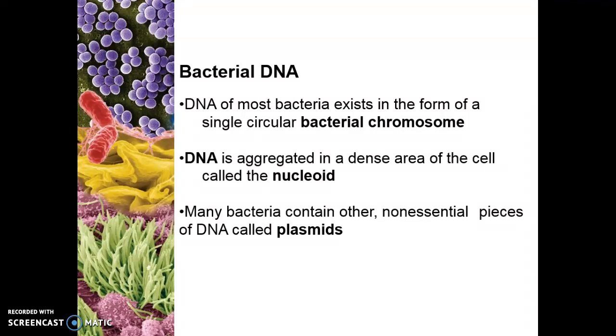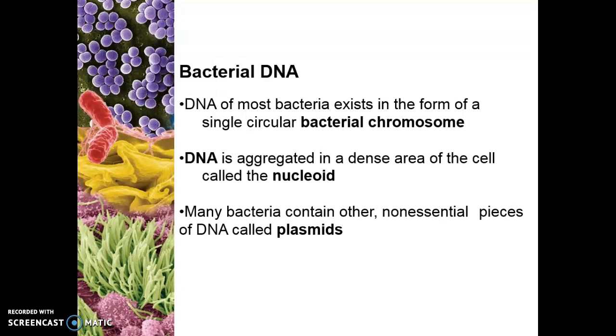All right, then moving directly into the bacterial DNA, it's genetic material. It has to have genetic material in order to pass anything on to the next generation. The DNA of most bacteria exists in the form of a single circular chromosome. Human chromosomes are long pieces of DNA, so you have chromosome 1, chromosome 2, all the way up through 21, and then the chromosomes X and Y. If you see a picture of them, they kind of look like an X, because you have two relatively straight homologs.